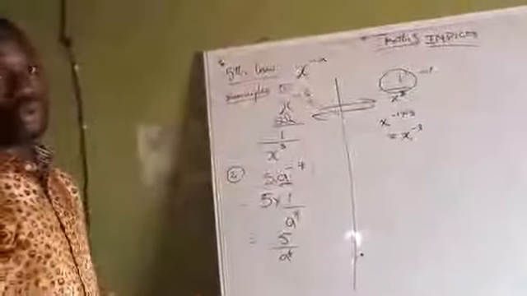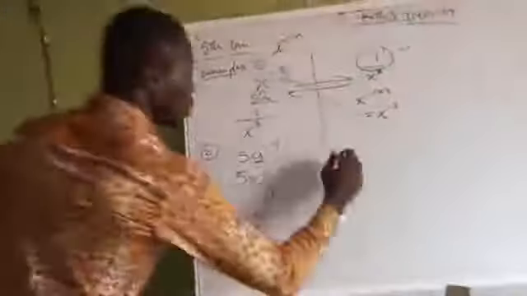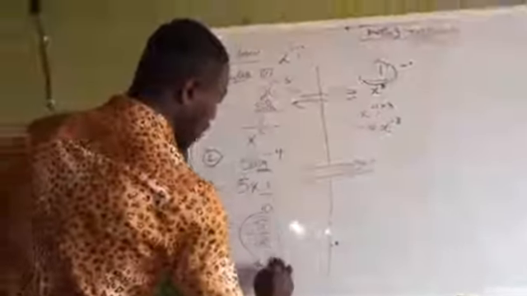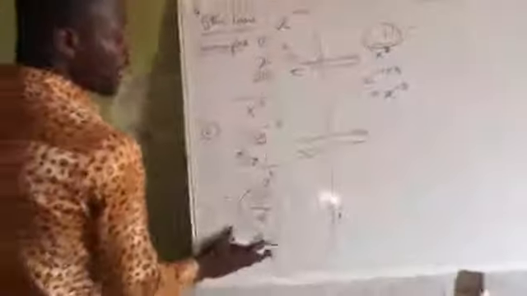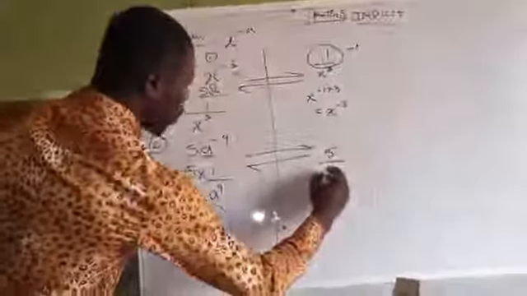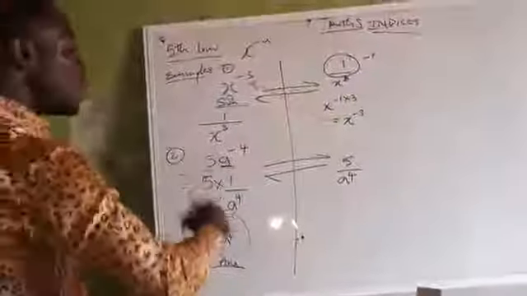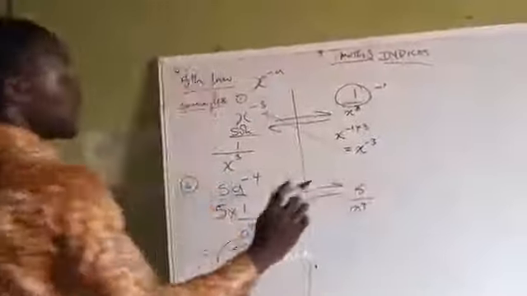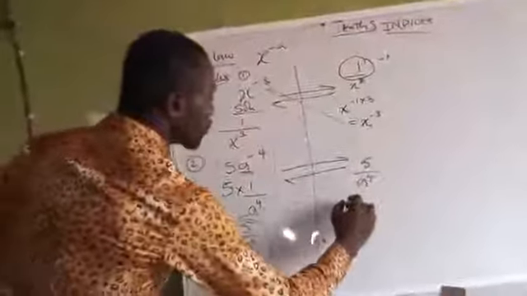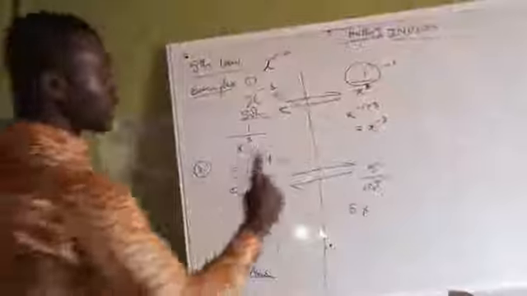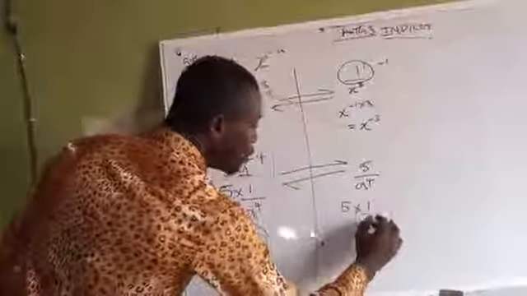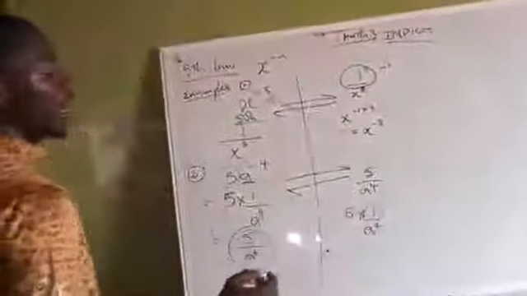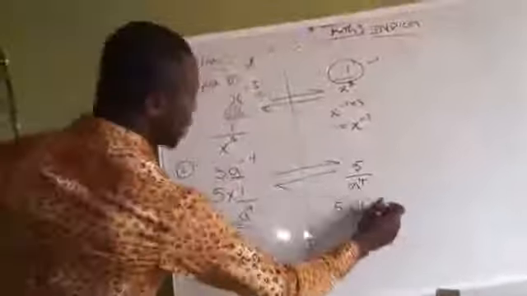That is one secret about this law. Now let's do the reverse of this answer. We have 5 over a raised to power 4. When I want to reverse that, the coefficient here is 5, so it will be 5 times 1 over a raised to power 4. Now mind you, 1 over a raised to power 4, the 1 over is minus 1.